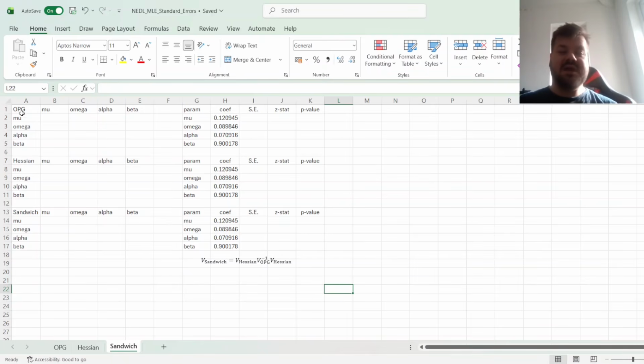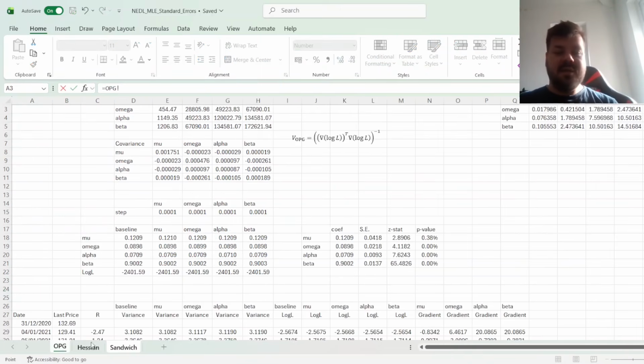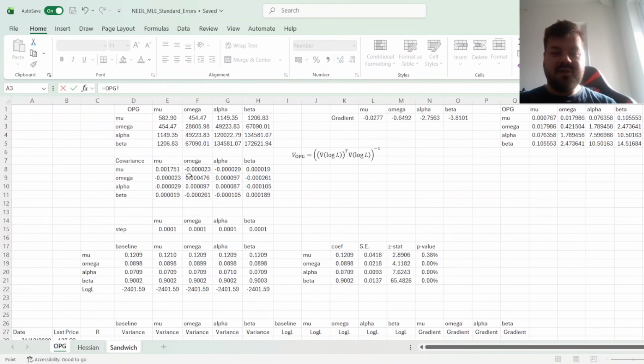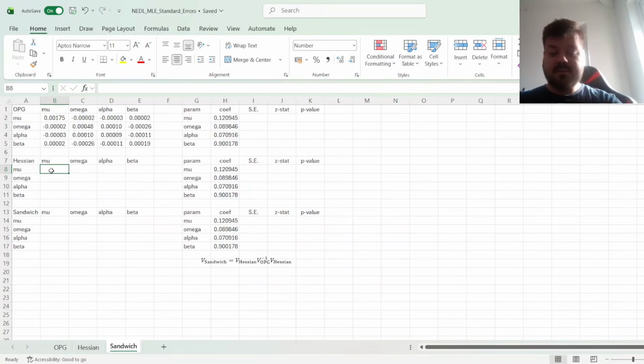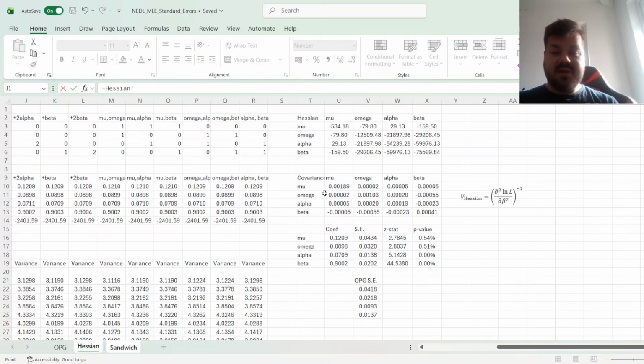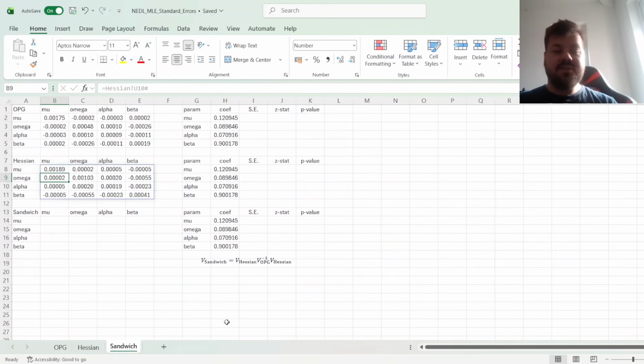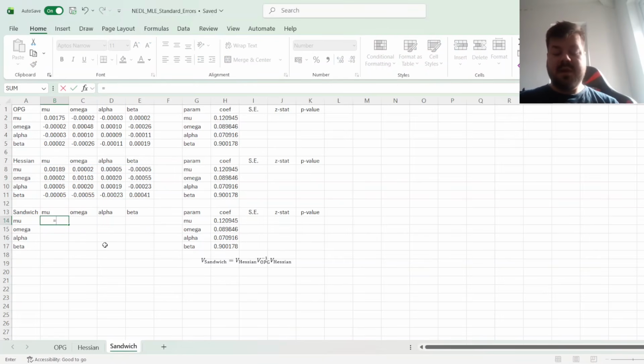For that, we obviously need the OPG and Hessian matrices already estimated, and we have got them estimated in a couple of previous videos. So this is the covariance matrix from the outer product of gradients approach, and here is the covariance matrix from the Hessian matrix approach. And the idea is that we have to combine them together.